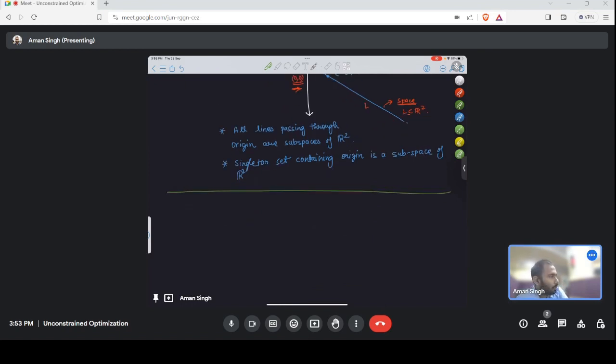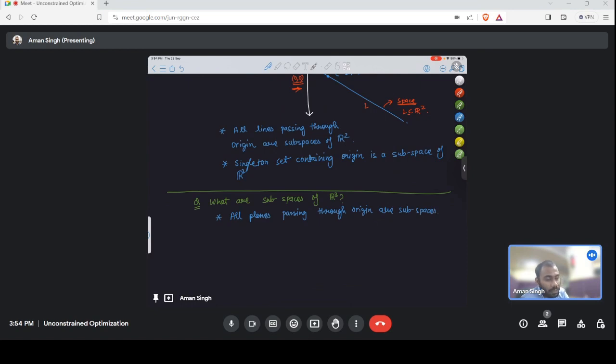Let's generalize. Let's use the same ideas for finding subspaces of R cube. One thing we noted is that it always has to pass through the origin. Origin should be a part, otherwise there will be no identity. So as it turns out, all planes passing through the origin are subspaces.